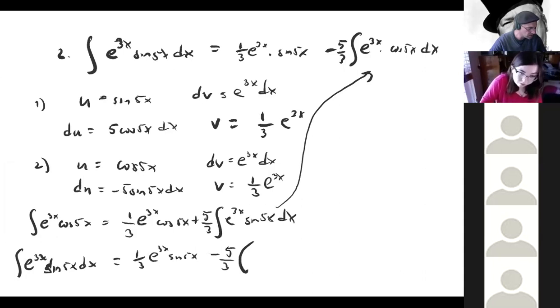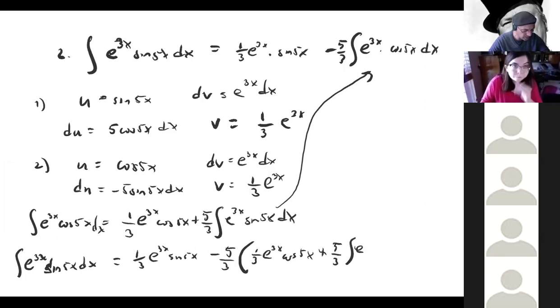And then we have to substitute in the value of the integral that we got. So that would be 1/3 e to the 3x times cosine of 5x, and then plus 5/3 times the integral of e to the 3x times sine of 5x dx, close parentheses.